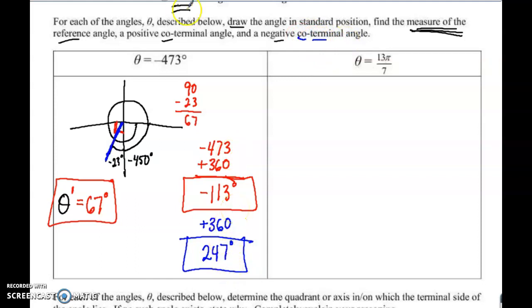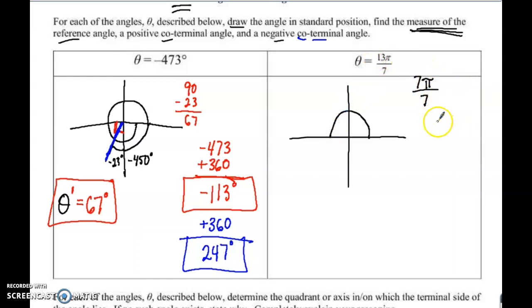As we move forward to the next one, again, starting in radians, we should end in radians. I'm just thinking about, okay, if we were talking about pi radians, that would be 7 pi over 7. We're going counterclockwise. So 13 is definitely bigger than that.